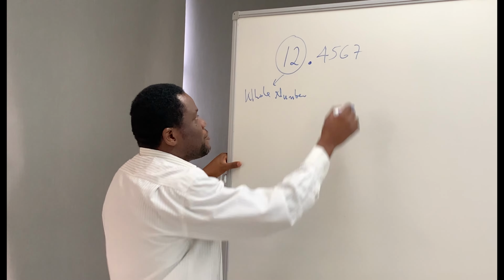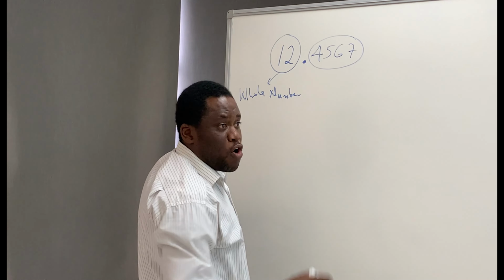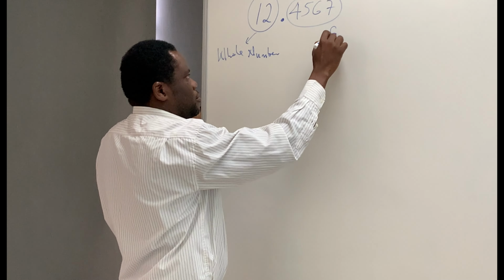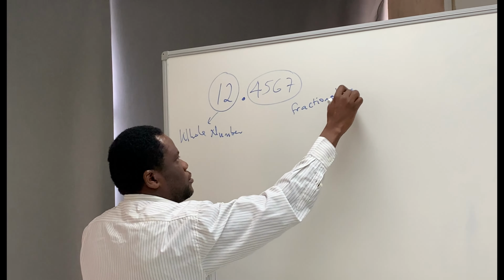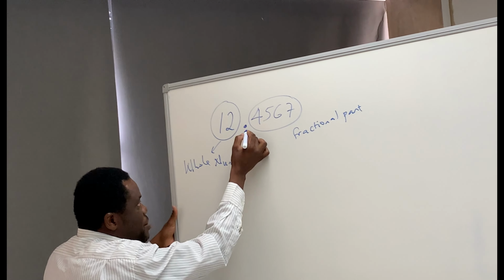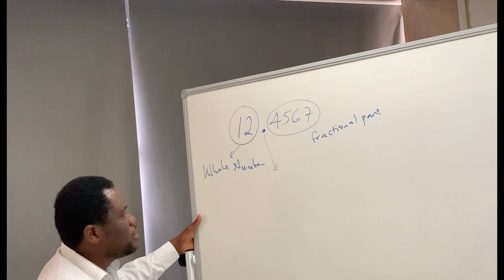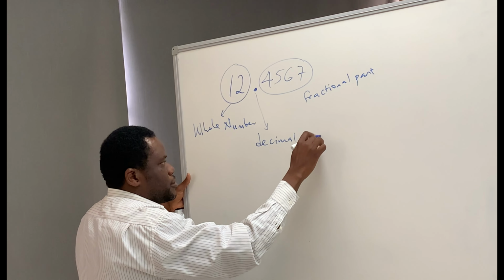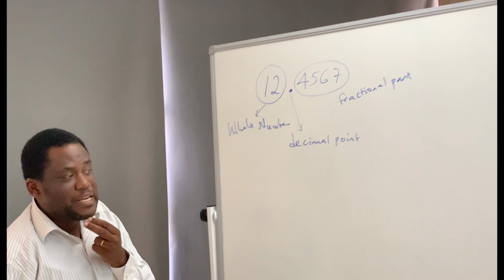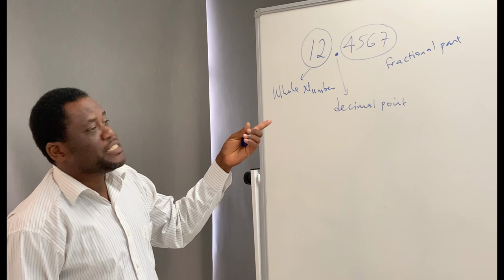And the number that comes after is called the fractional part. And in between them is called the decimal point. You can represent this in abacus.